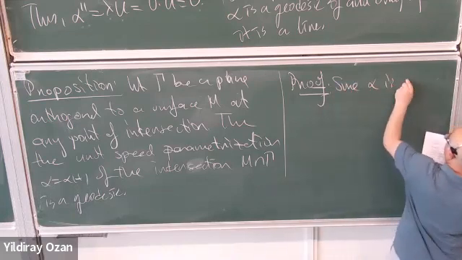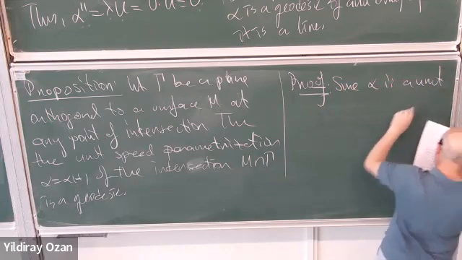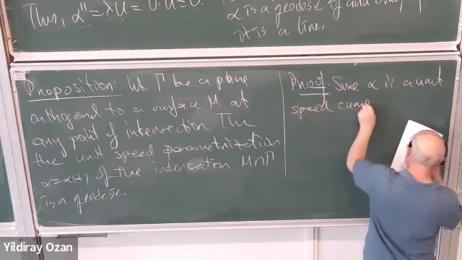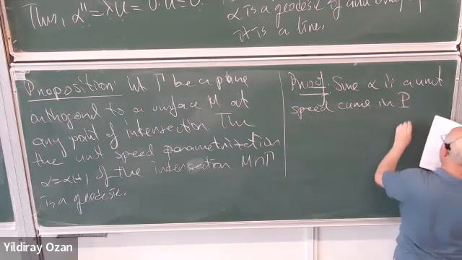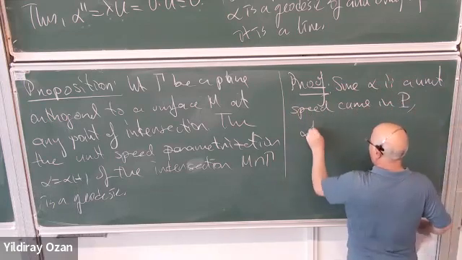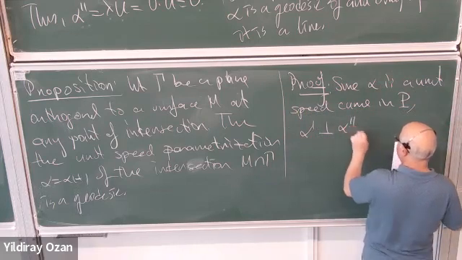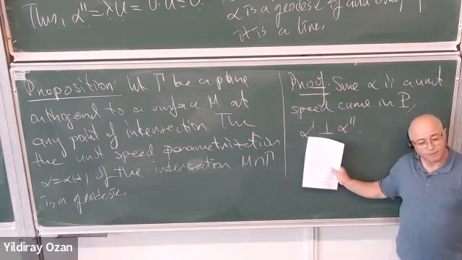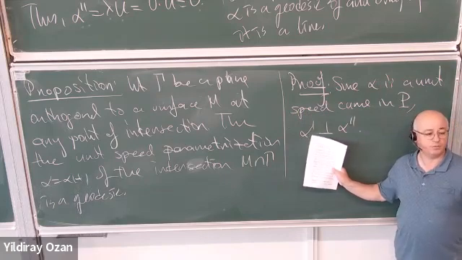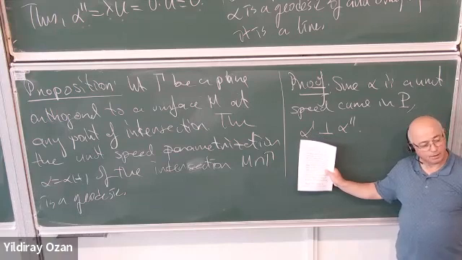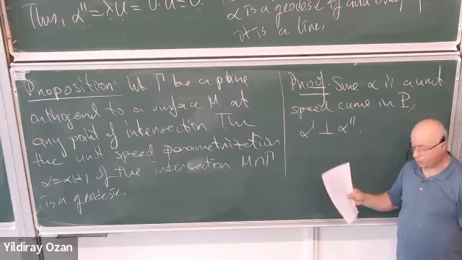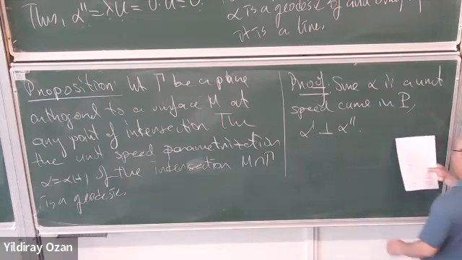Since alpha is a unit speed curve, alpha prime and alpha double prime are perpendicular to each other. Why is that? Because alpha prime dot alpha prime is 1, and if you take the derivative, you will see that alpha prime dot alpha double prime is 0. Therefore, they are perpendicular to each other.